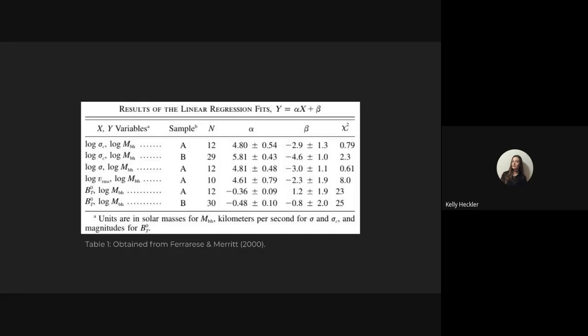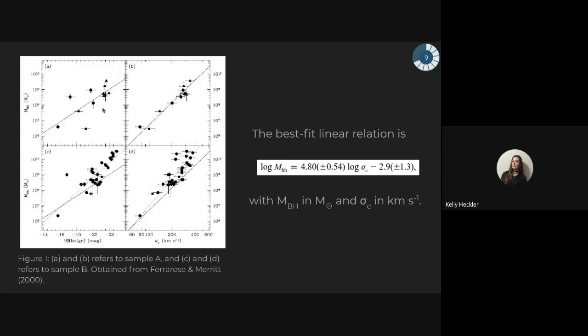And we can also see this in this figure. Here we have sample A, here we have sample B, for the bulge luminosity and for the velocity dispersion. And here in figures 1b and 1d, we can see the dependence of the black hole mass on the central velocity dispersion of the host galaxy or elliptical bulge.